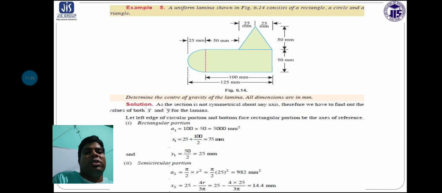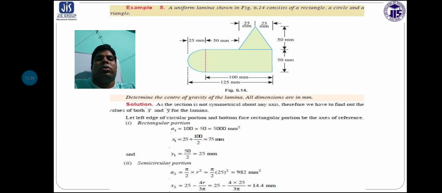Determine the center of gravity of the lamina, and all dimensions are in millimeter. So here the figure is composed of three standard figures. First one is a rectangle, second one is a triangle, and a semicircle, and you have to find out the composite section center of gravity.